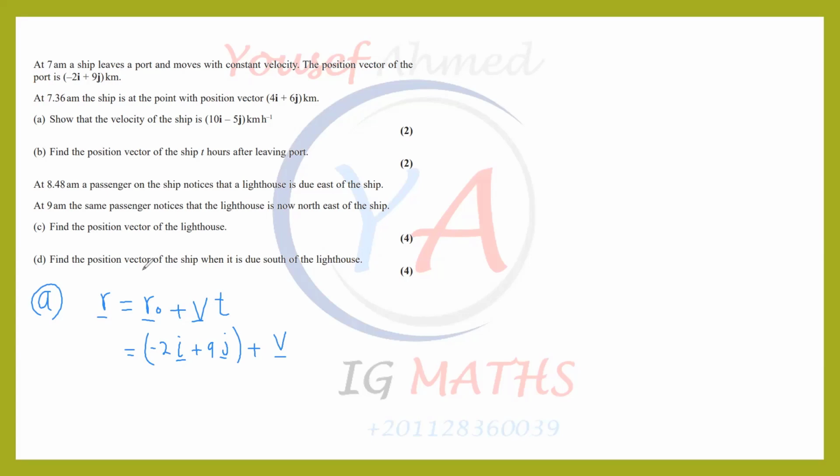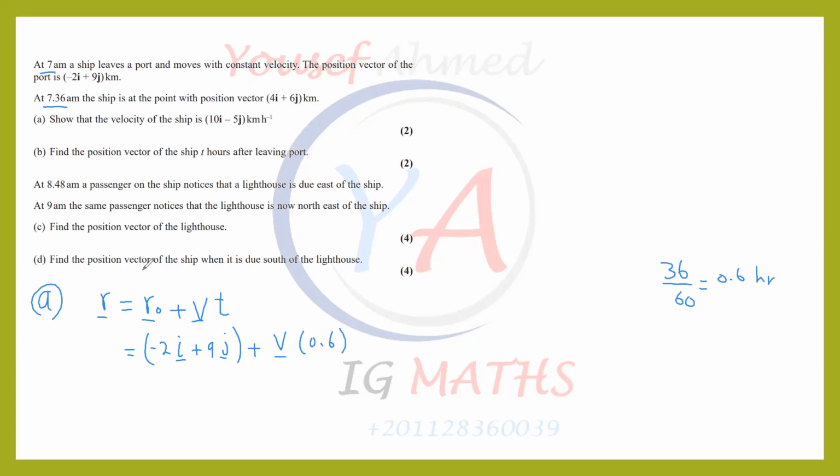Now the time, you must get the time into hours. So there is a difference of 36 minutes. So you go divide 36 by 60 to know exactly the time as hours. So 36 divided by 60, it gives 0.6. So 0.6 hour, this is the time. So it will be multiplied by 0.6.